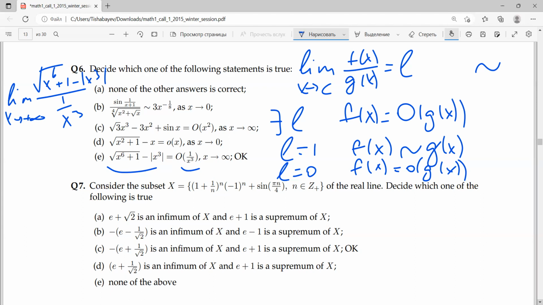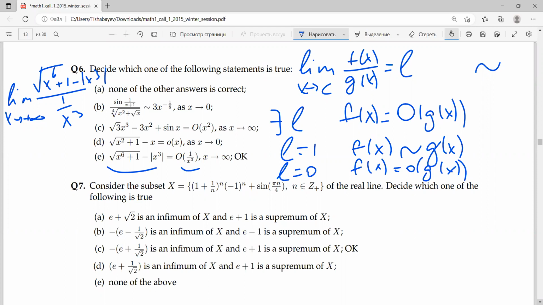And since x tends to infinity, we can get rid of the modulus. It will be just x cubed. Or we can use L'Hopital's rule. Maybe.